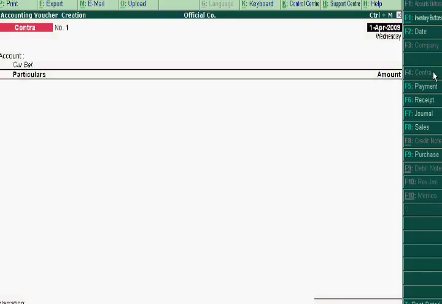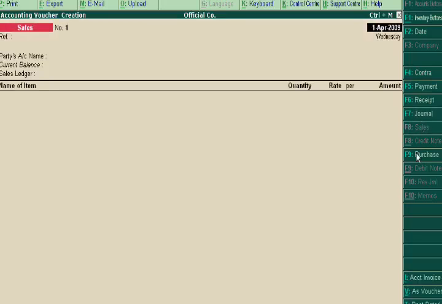If there is no involvement of receipt, payment, or contra, meaning there is nothing about net inflow or net outflow of money, we will pass a voucher entry in journal voucher, sale voucher, and purchase voucher. That is simple.